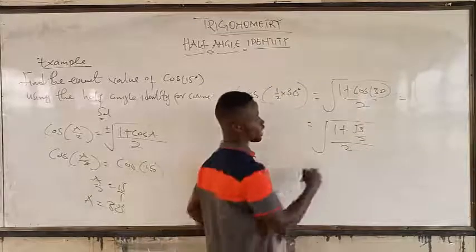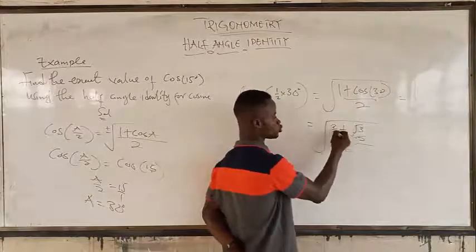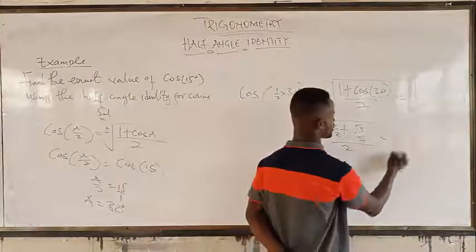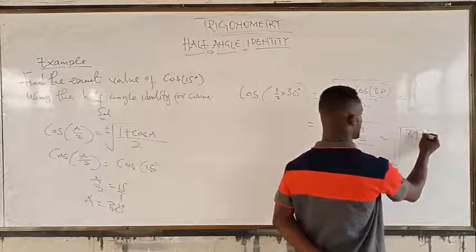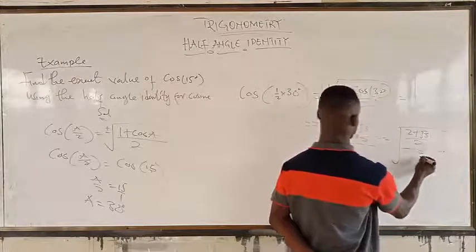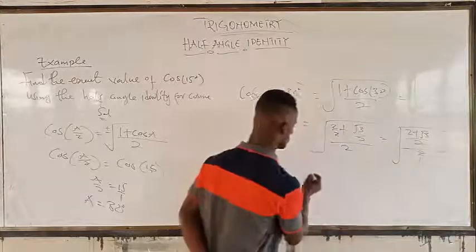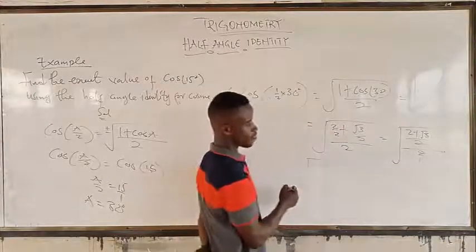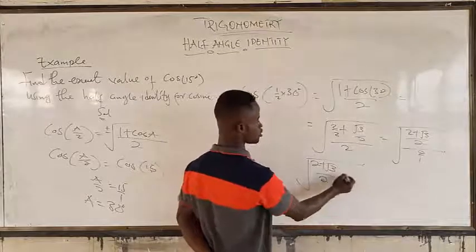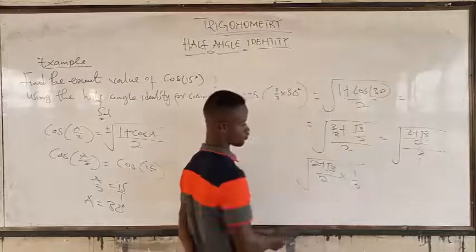Now, we can achieve the same denominator here, that is 2 over 2. Very good. And this is the same as 2 plus square root of 3 all over 2, and this is the same as over 1. So here we end up getting 2 plus square root of 3 over 2 times half.